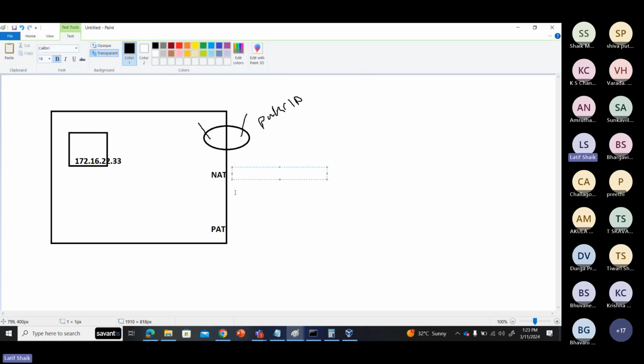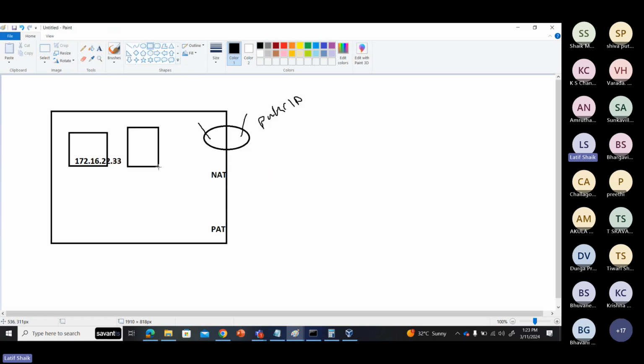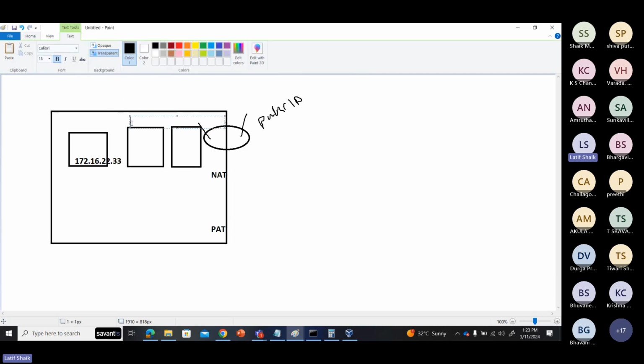So earlier example, as I said, an organization having different servers, a web server kind of stuff. Just for our understanding, I will put a web server. So I have a web server with some private IP to communicate within the private network.